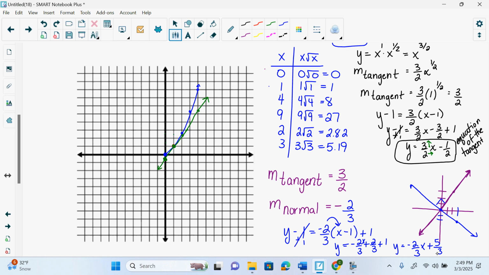So 5/3 is like 2.3? No, 1.3? Do 5 divided by 3. What's 5 divided by 3 as a decimal? 1.6? Yeah, 1.7.